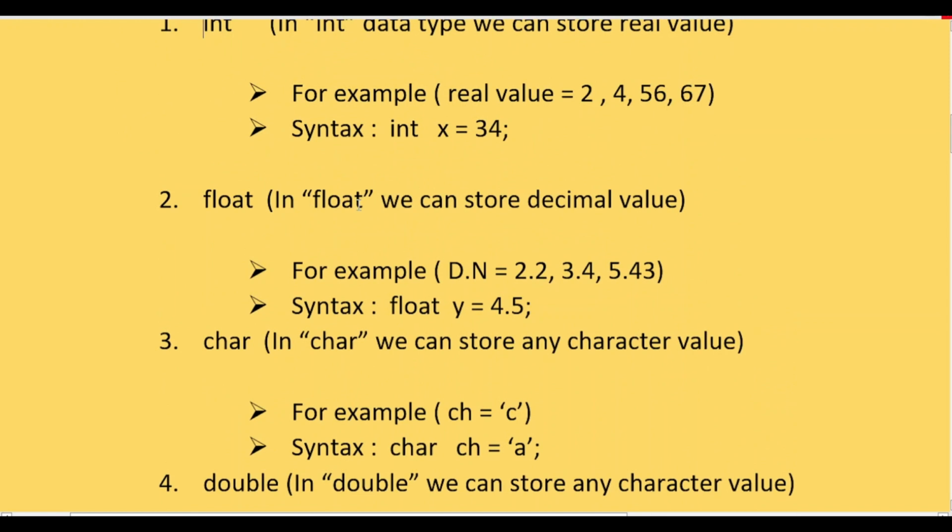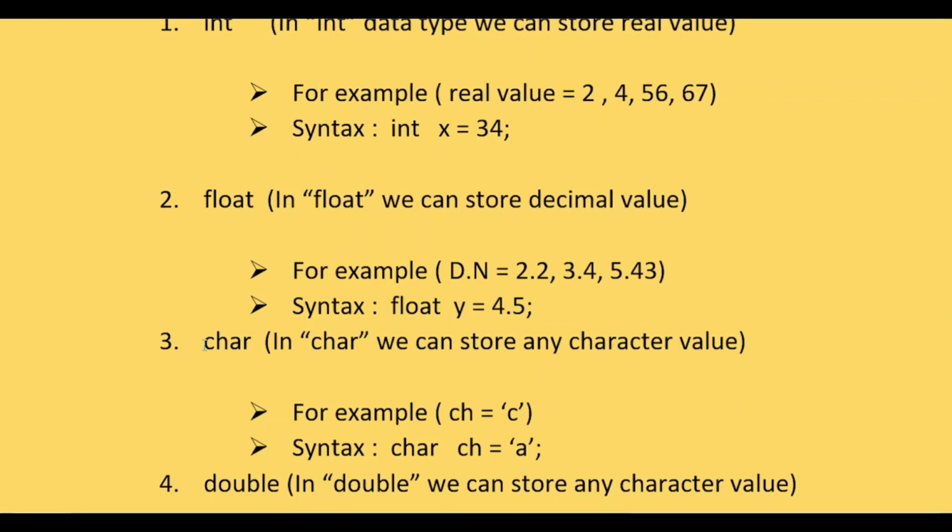Okay, in float we can store decimal values. As you can see, decimal values are those values which contain points, for example 2.4, 3.4, 5.43, and the syntax to write the float and storing point value to the variable.